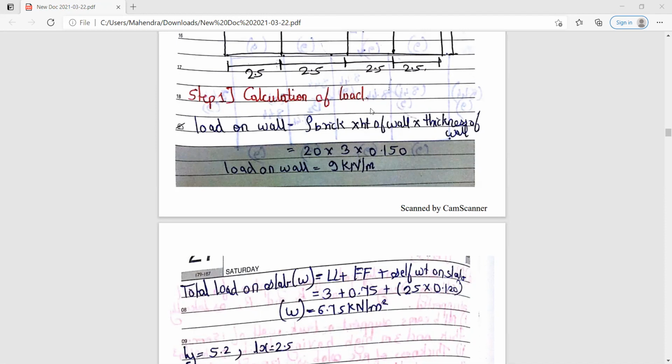Ma'am, what is FF? That is floor finish. Yes, the value is given in the question for the floor finish, that is 0.75. Just read out the question.